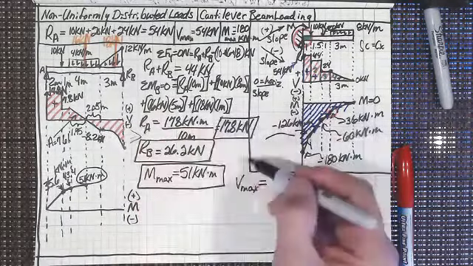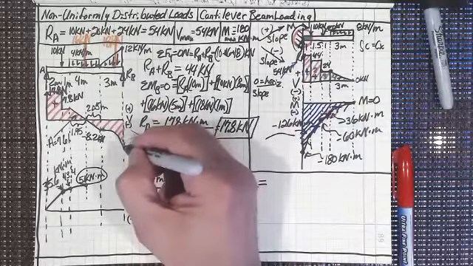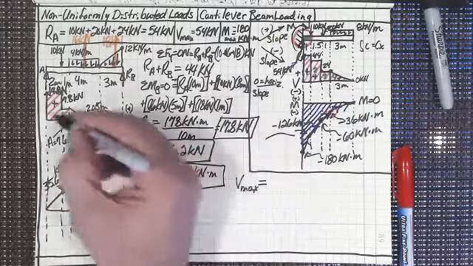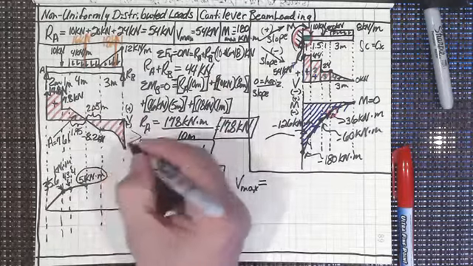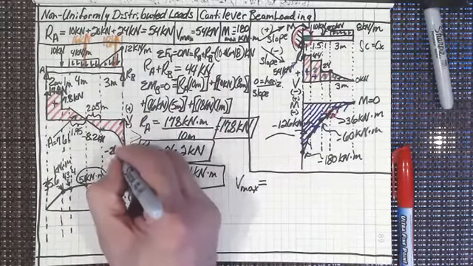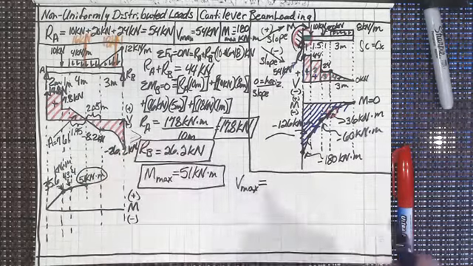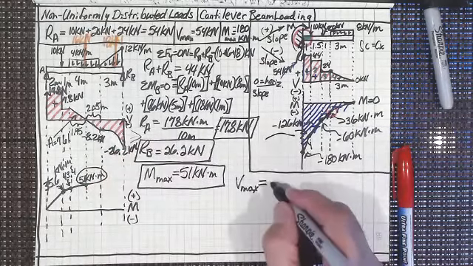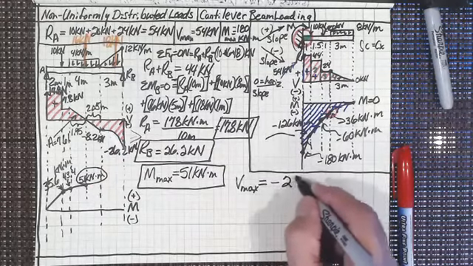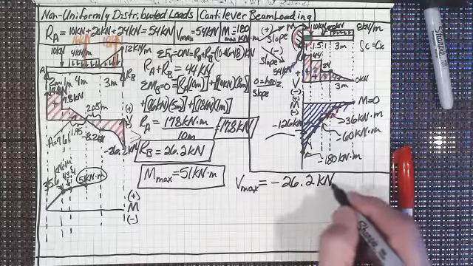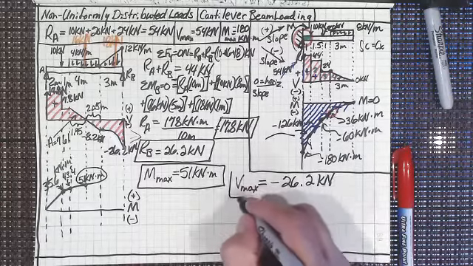Because we know that R sub B is 26.2, so we know that that has to go back up 26.2, right? Where's our maximum? Our maximum is here, minus 26.2 kilonewtons. So when we find V max, it's going to be minus 26.2 kilonewtons, right? So now we know all of our things.